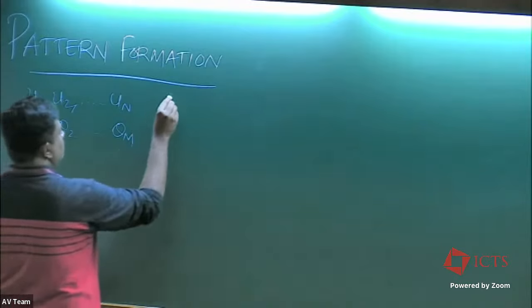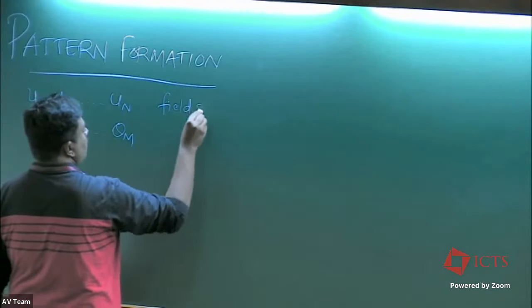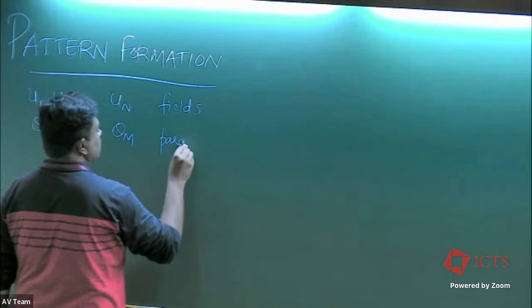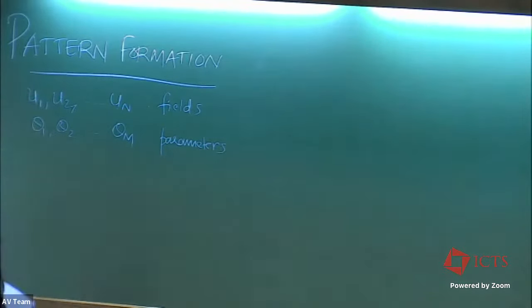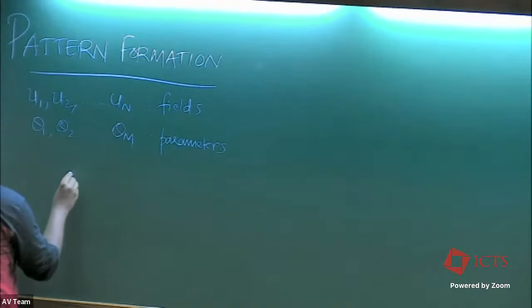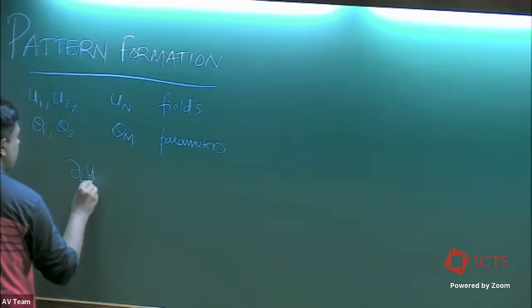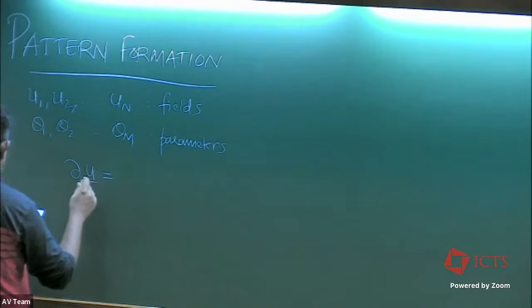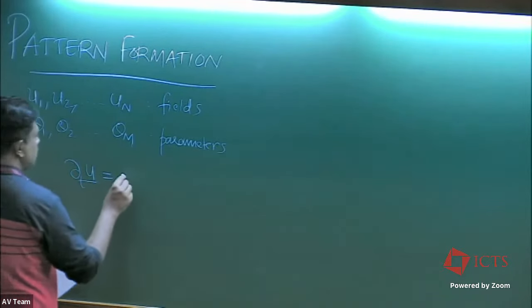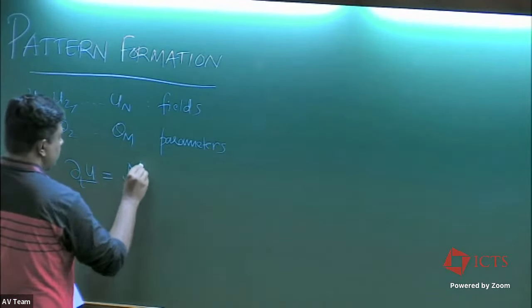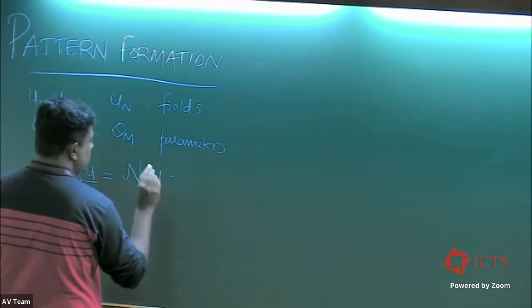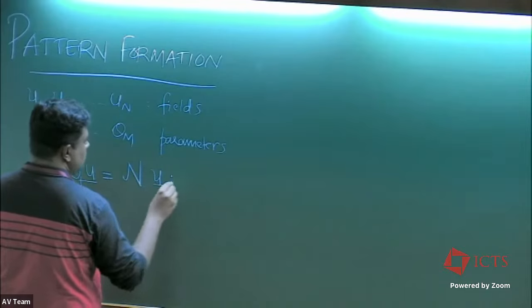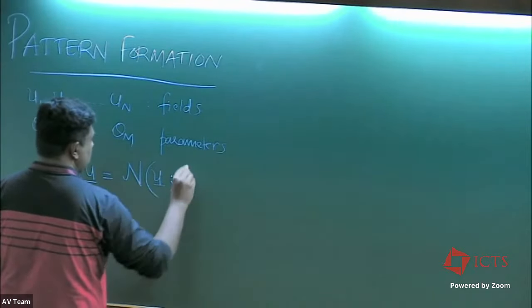These are the fields that I'm interested in, and these are the control parameters for the problem. And my set of equations, I can represent it very abstractly as a dtu equals a nonlinear operator, which has both the fields as well as the parameters.